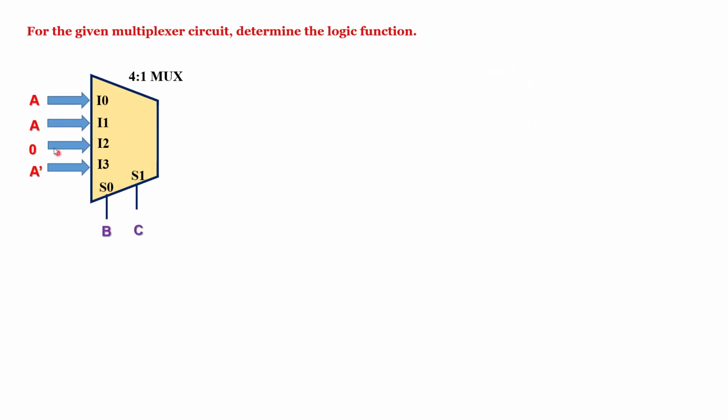Clearly we see that there are three input variables A, B, and C. The function is of three input variables, and B and C are mapped with the select lines of this 4 is to 1 mux, and the remaining input variable A has been used as an input to the data lines. So how do we solve this?